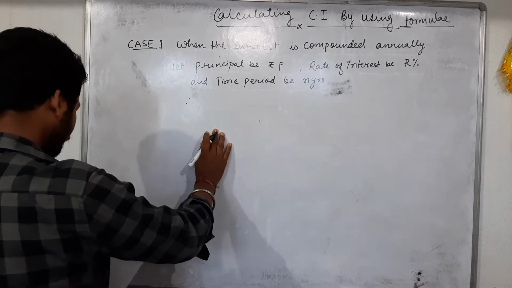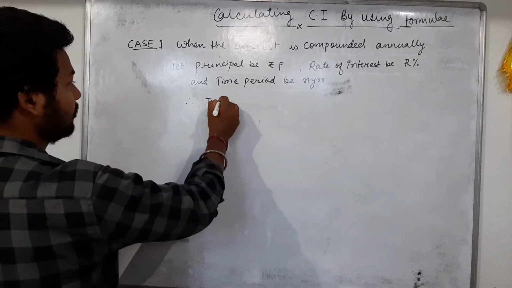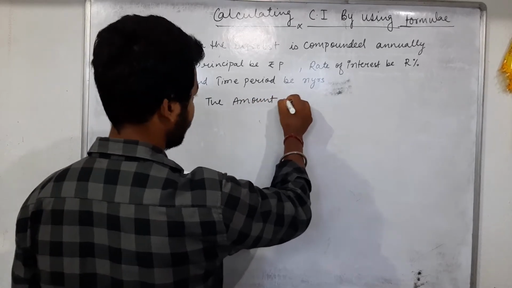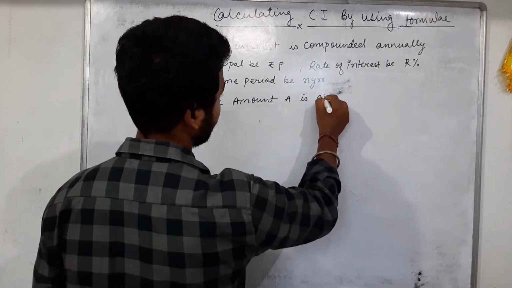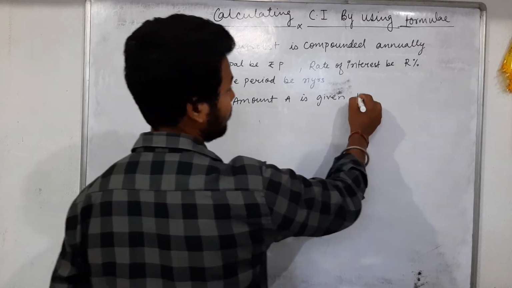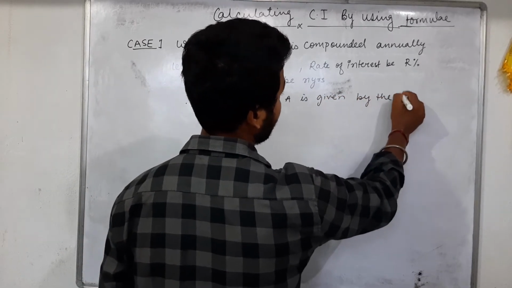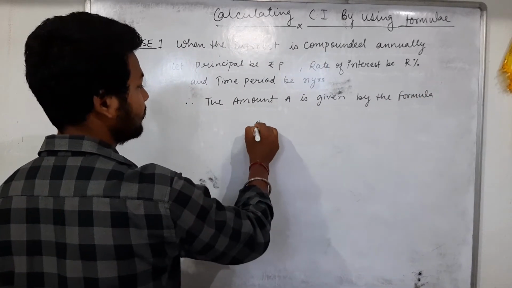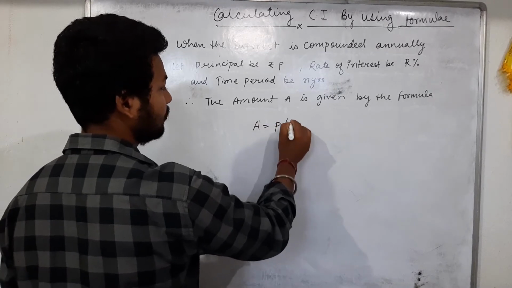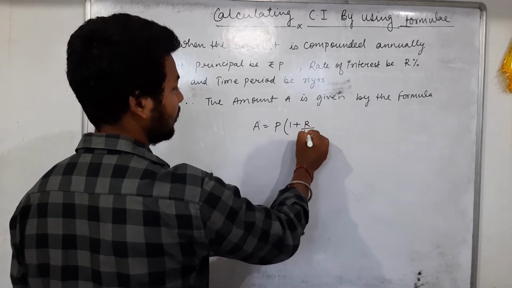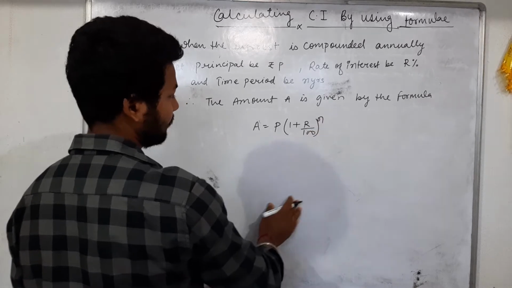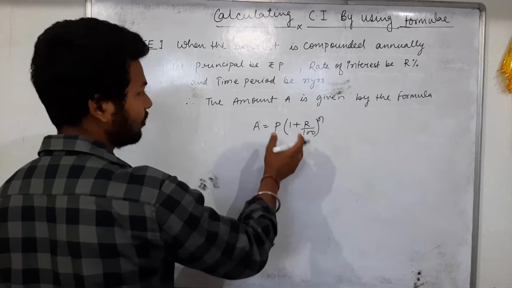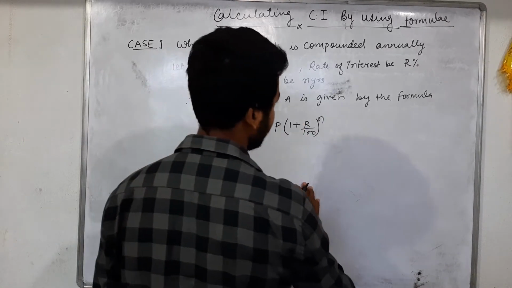Therefore the amount A is given by the formula, that is A is equal to P into 1 plus R by 100 to the power n, where P is the principal, R is the rate of interest and n is the time period.